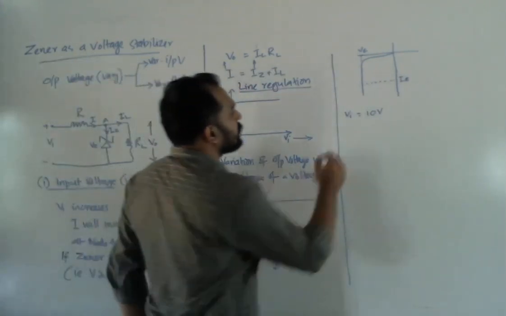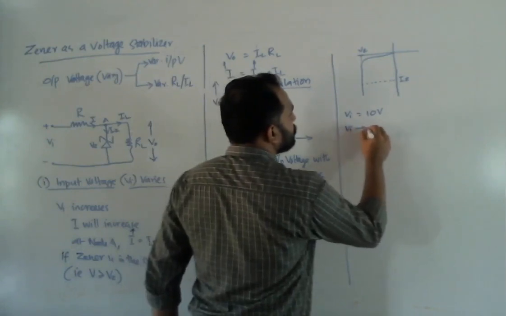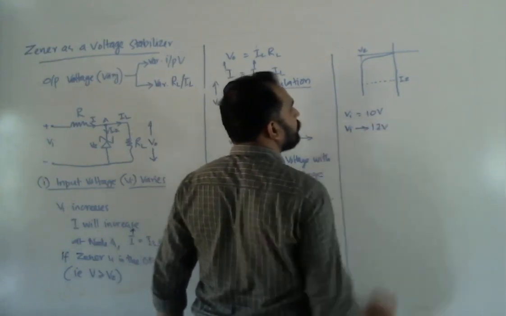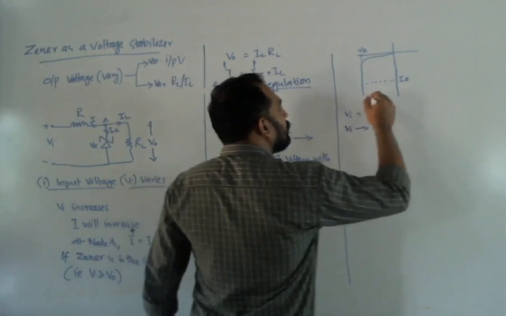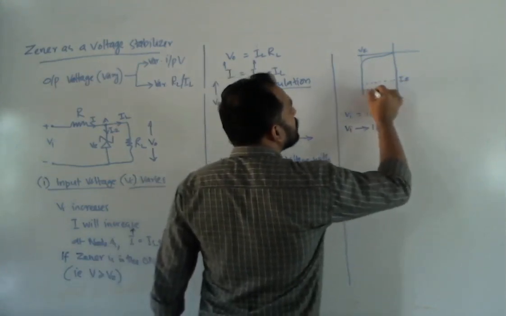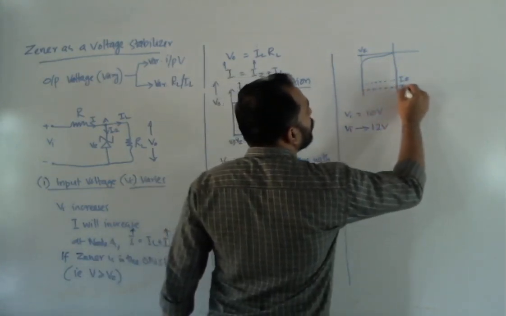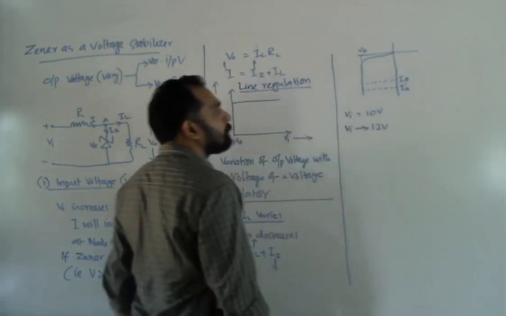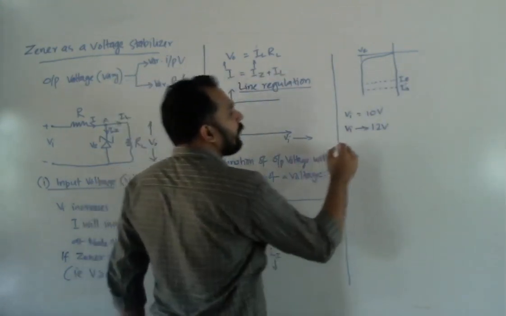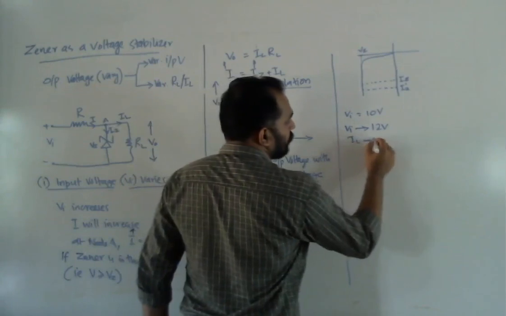Now when the voltage is increased to some 12 volt, then it will increase the Zener current to another value Iz prime, so that IL remains constant.